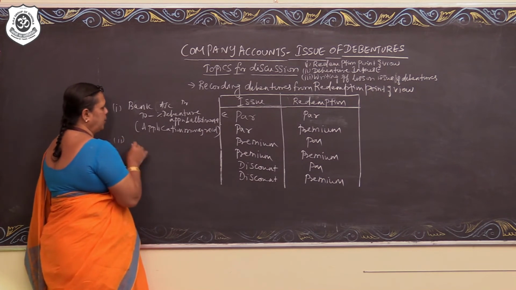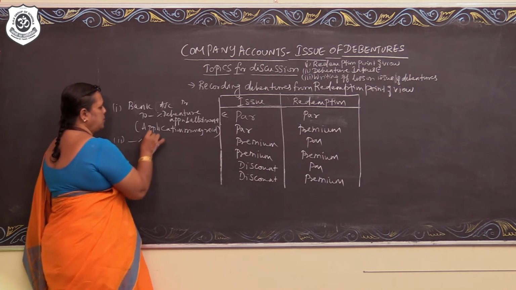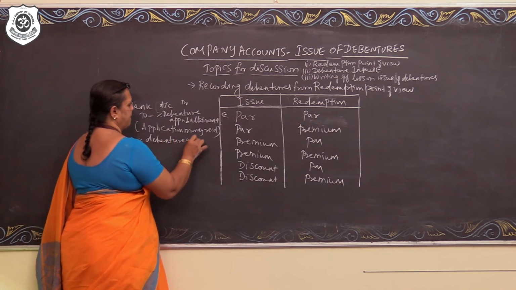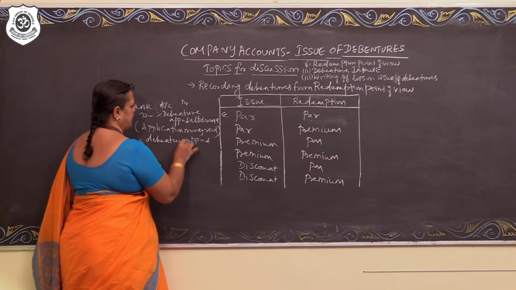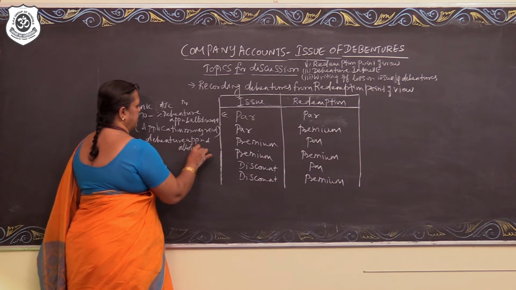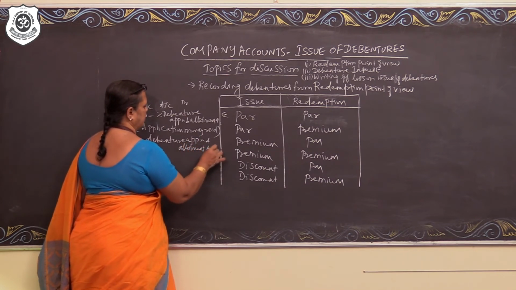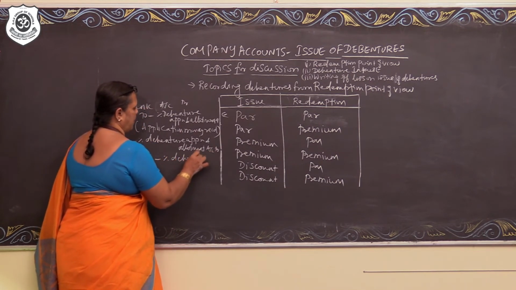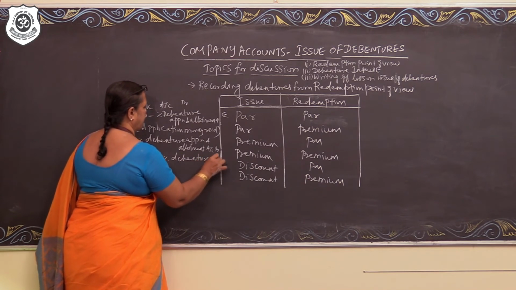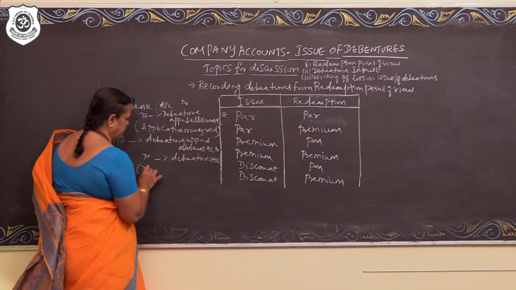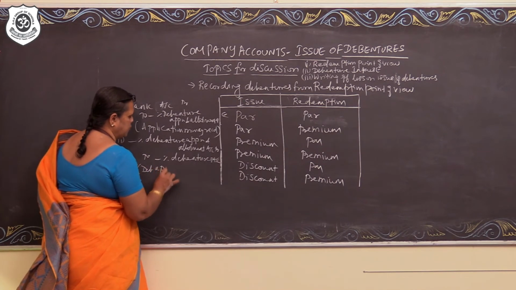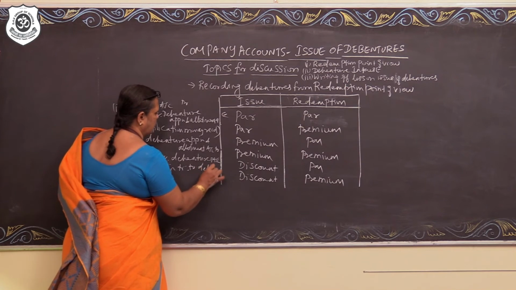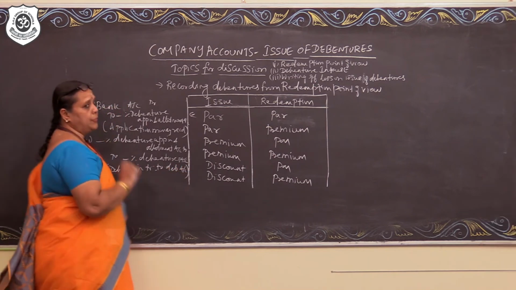And number 2 will be -% debenture application and allotment account debit, to -% debentures account. Application money transferred to debentures account. This is the first case.